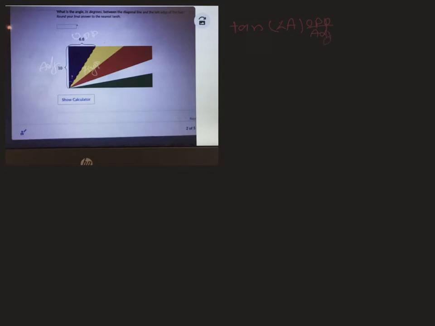Okay, now since we have our trig ratio formula, we're going to input our numbers. Now we have to reverse the formula into angle A equals tangent minus 1, and then you input 6.6 over 10, and then you basically import this in the calculator, okay?